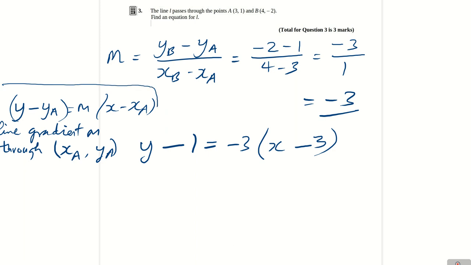And I do realise a lot of people like to just use y equals mx plus c. It's often actually quicker to use this equation to do it.